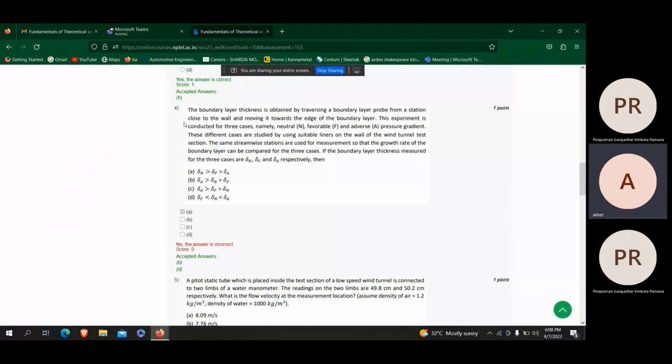These different cases are studied by using suitable liners on the wall of the wind tunnel test section, so that the same streamwise stations are used for measurement and the growth rate of the boundary layer can be compared for the three cases.